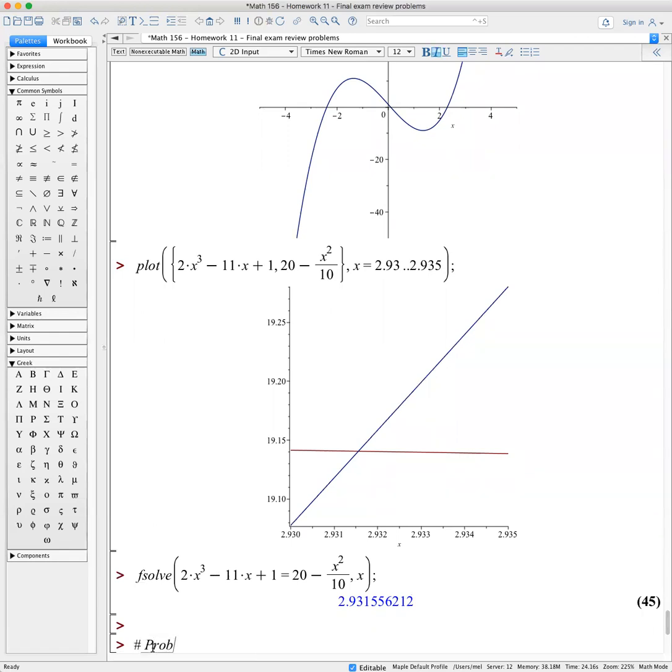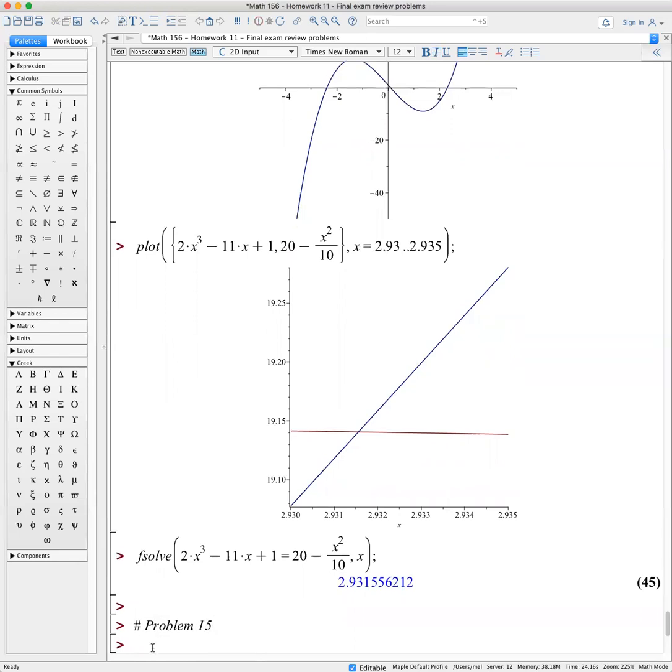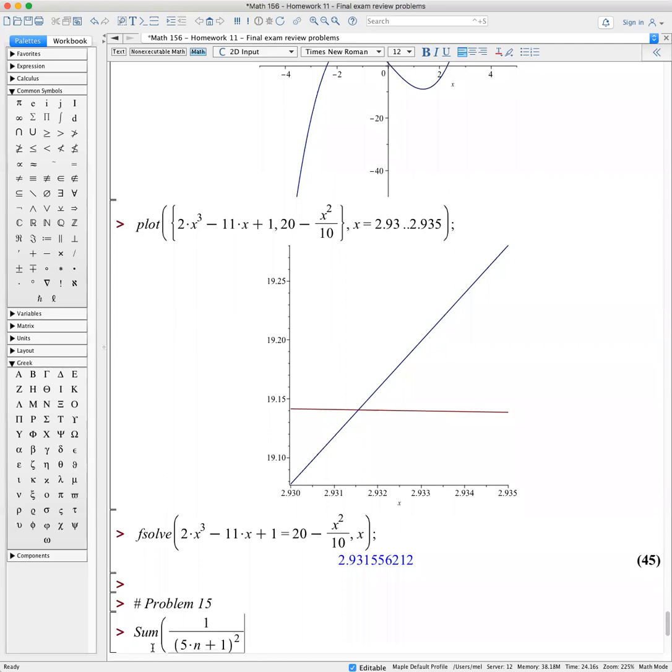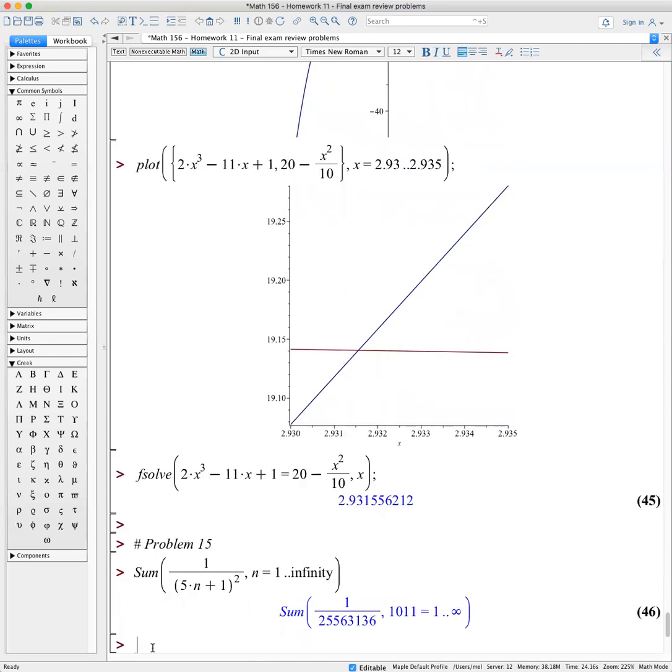Problem 15 is to compute an infinite series. So let's just write it out. Sum of 1 over 5 times n plus 1 squared, as n goes from 1 to infinity, right?